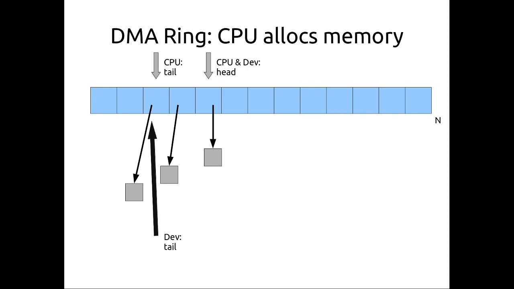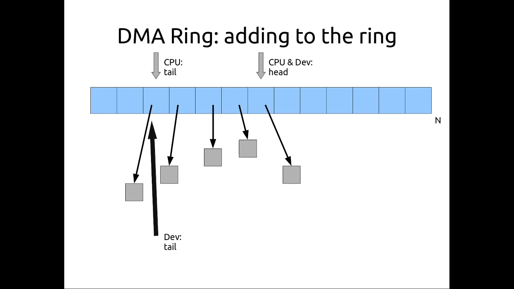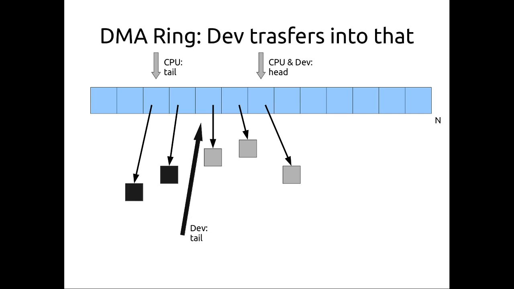If the CPU wants to add memory to be transferred into in the future, it simply increments the head and adds more memory into the ring buffer. If the CPU requests data be transferred from the device into memory using this ring buffer, then the device will look at the entry it's pointing to at the tail and transfer memory into there, and it will do this multiple times as it gets more and more requests for data.